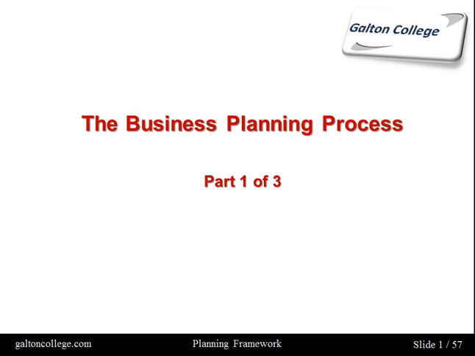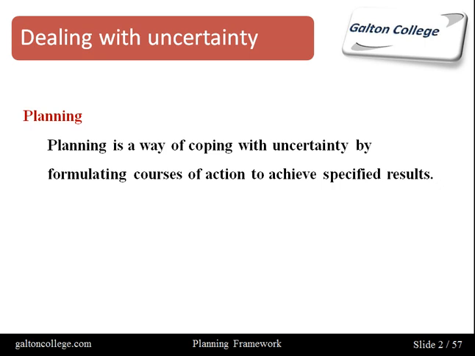And we'll start by looking at the problem of dealing with uncertainty. And that's why the plan comes into existence. Planning is a way of coping with uncertainty. It formulates courses of action to achieve specified results. So a plan is a way of dealing with the uncertainty of the future.